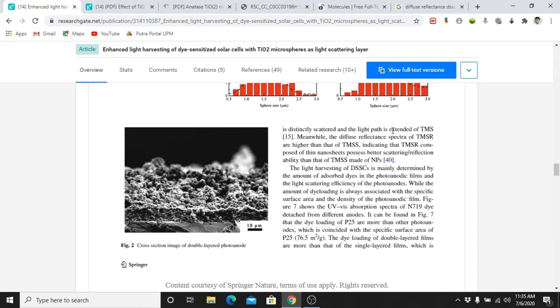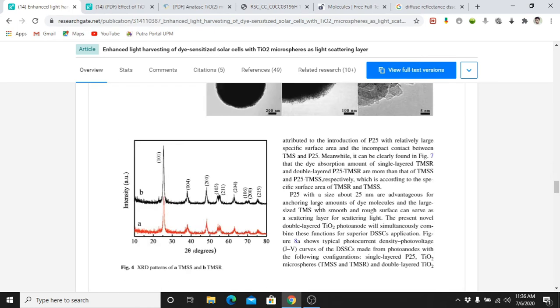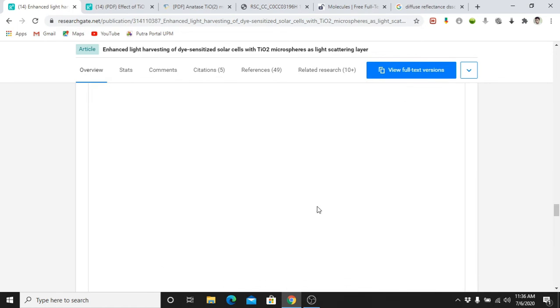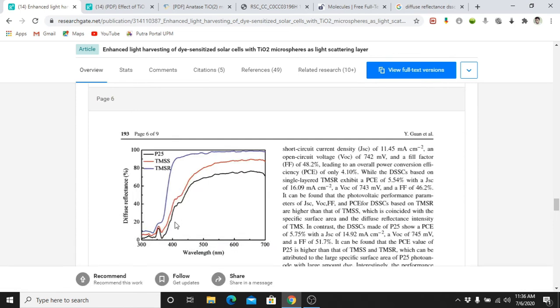So the discussion said that by having a higher diffuse reflectance, the modified photoanode has higher light scattering, with the light distinctly scattered and the light path extended. That's the main point. The other main point is that when they compare modified 1 and modified 2, modified 2 is better because the nanosheet possesses better scattering and reflection ability than modified 1. So they compare in terms of size.